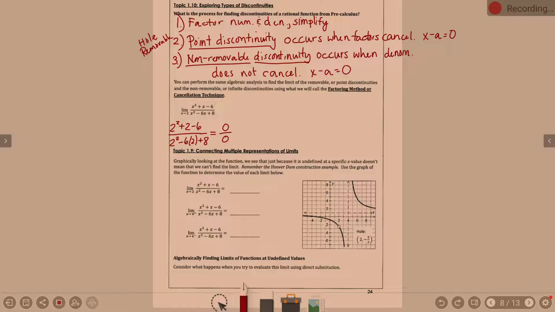No. Okay. 0 over 0, infinity over infinity are what we call indeterminate forms, and you need to try another technique. Okay? We don't know what's happening. Maybe it doesn't exist, but there's also a good chance it does exist. And so I'm going to comment that this is an indeterminate form.